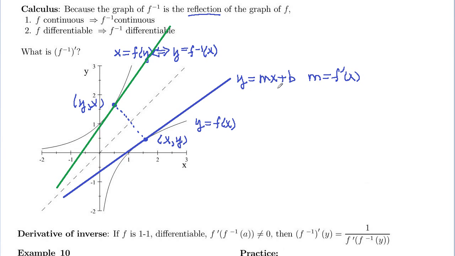And then its slope is going to be f inverse prime. So here, that's the tangent line, and the slope on this line, I'll write that equation in just a second, is going to be f inverse prime at the input y. F inverse prime at y for the slope on the green line.